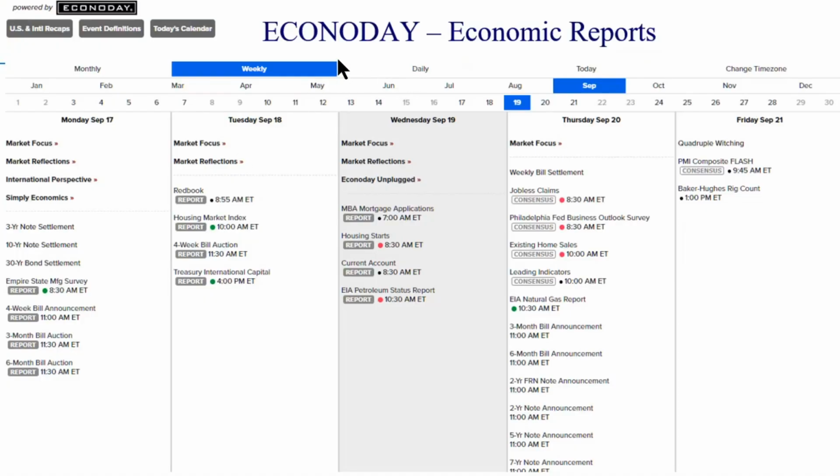Econoday is another site where you can go, and it gives you all the economic reports on any given day that are coming out pre-market or at 10 or 10:30. You may be aware of that, especially on this particular day, the petroleum status report was coming out at 10:30.